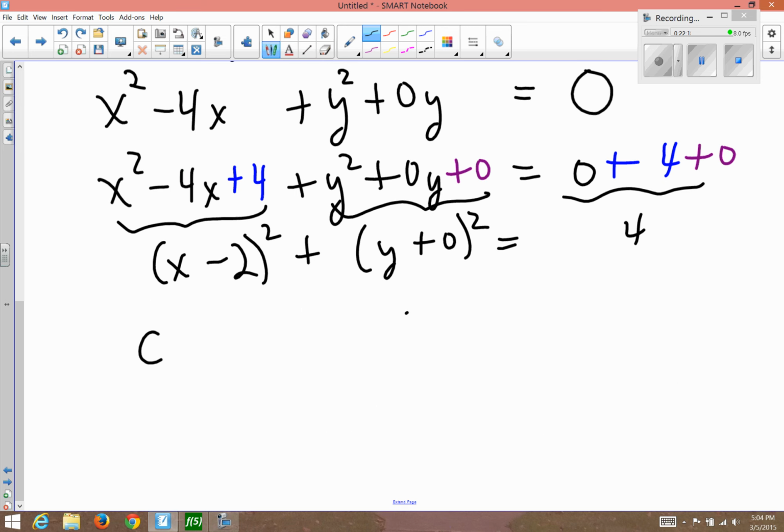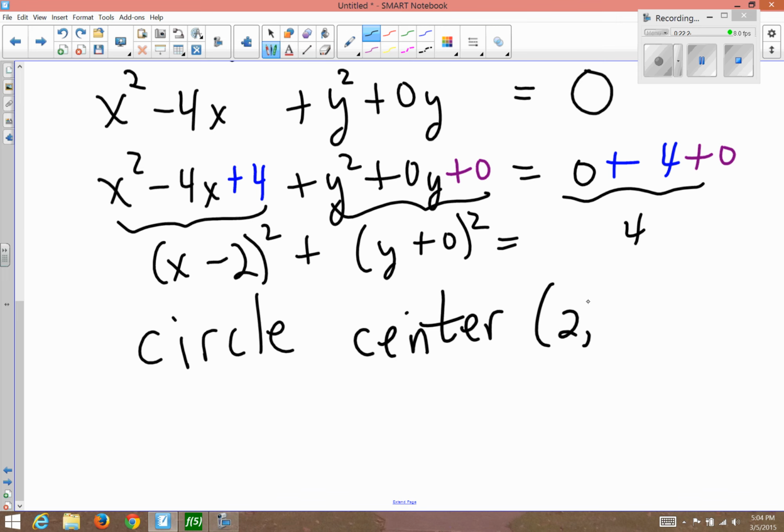This is the equation of a circle with center h, k. When I say h, I mean positive 2. When I say k, I mean 0. And radius is the square root of this number.